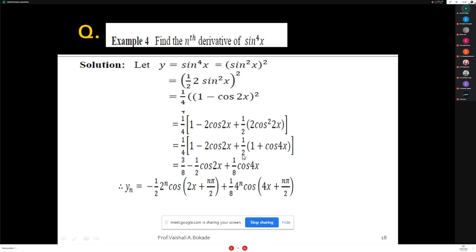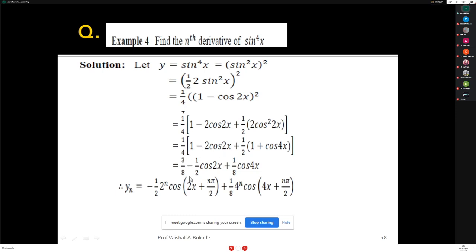Like that, I have to use the trigonometric formulae here. Multiply 1 by 2 inside, keeping 1 minus 2 cos 2x as it is, plus 1 by 2 plus 1 by 2 cos 4x. And 1 plus 1 by 2 is 3 by 2. So 3 by 2 minus 2 cos 2x plus 1 by 2 cos 4x. Outside we have 1 by 4, multiply it inside.